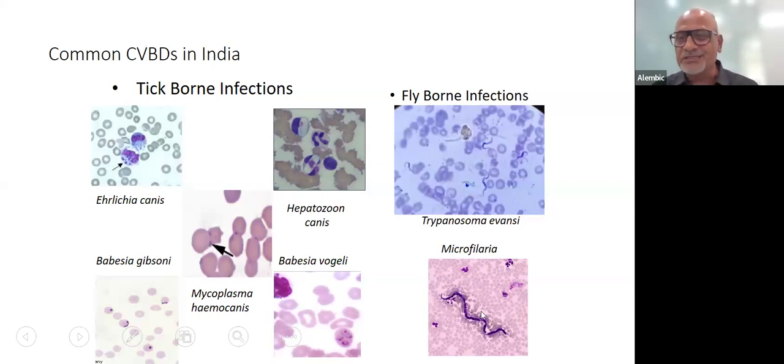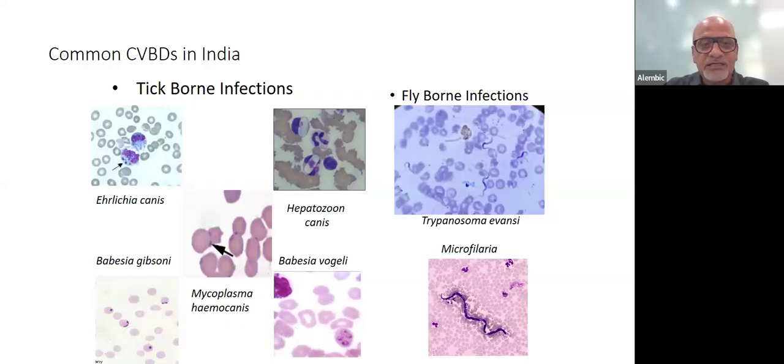I cannot say whether it is Dirofilaria immitis or Dirofilaria repens because one has to study it very carefully with micrometry. Then here you will see these are Babesia vogeli, large piroplasm. You can see the size here occupying almost the radius of the RBCs.